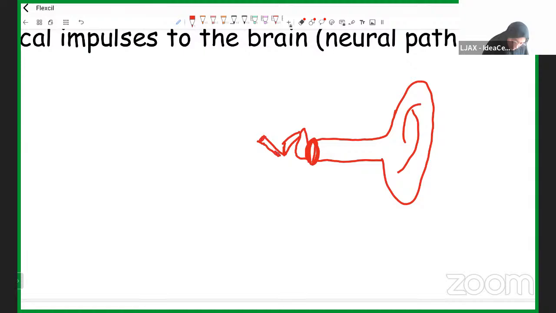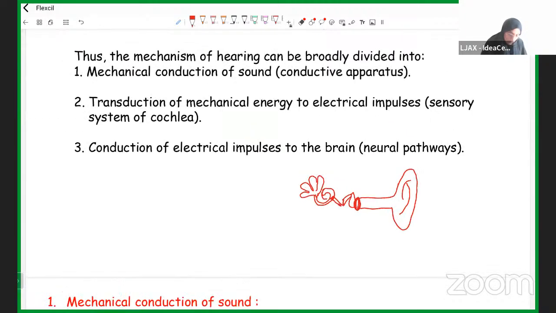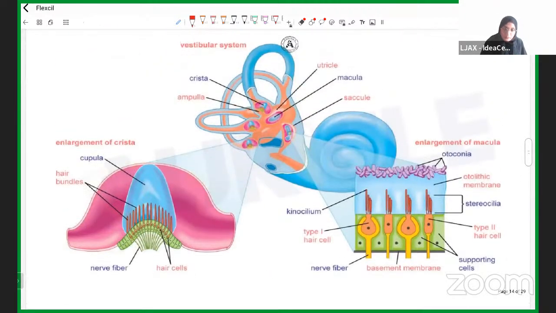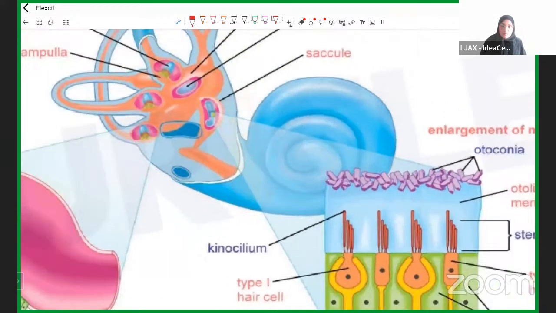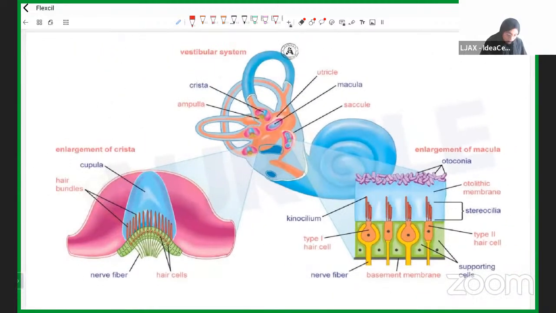Now here, around the stapes, we have the cochlea. The cochlea is like a coil. Draw something like this. So the cochlea looks like this. All right, so what actually happens inside the cochlea? What is the basilar membrane of the cochlea?